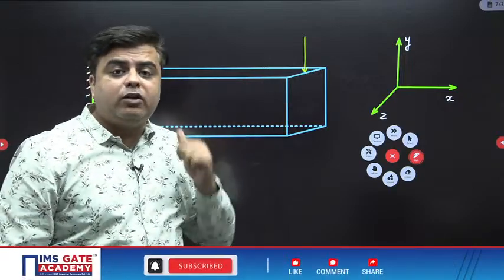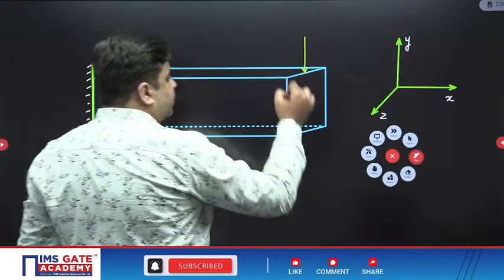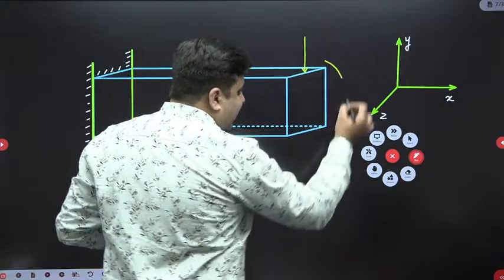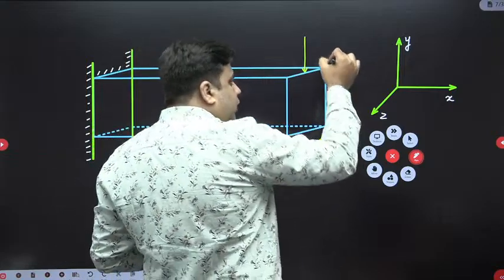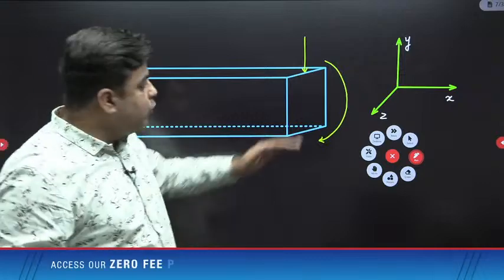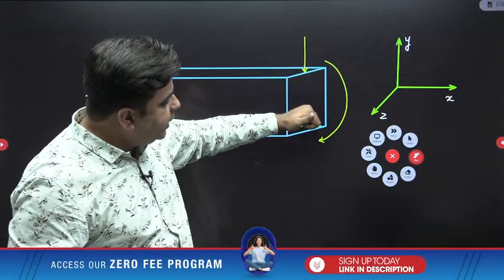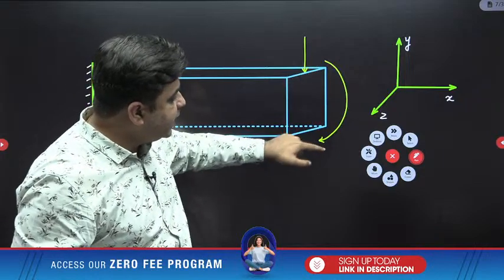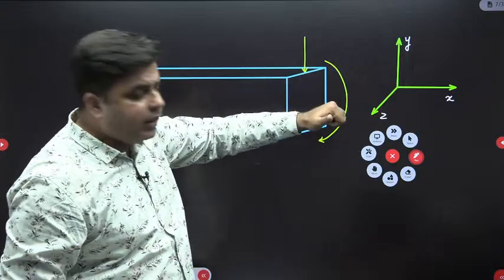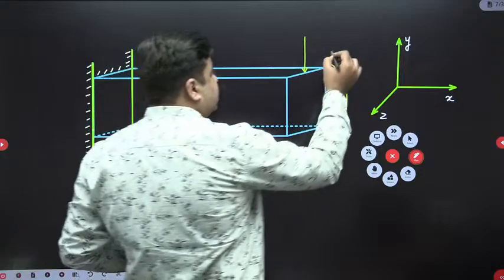Which moment will cause this bending? Due to this point load, there will be a moment acting like this. Now, what is this moment? You have to curl your fingers in the direction of moment, and the extended thumb will give you the axis about which this moment is acting. So this moment is acting about z direction. So this is Mz.